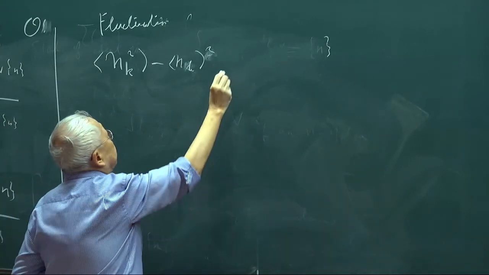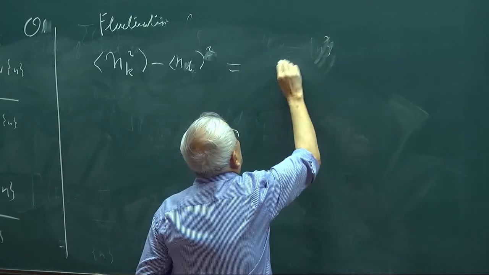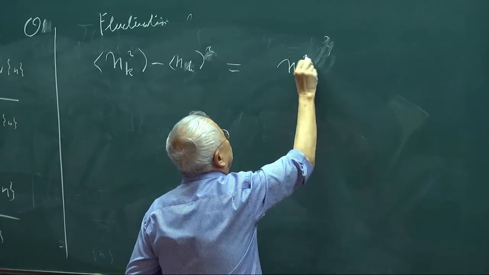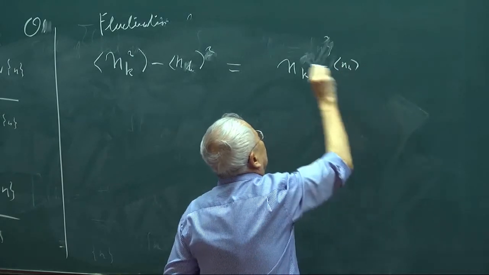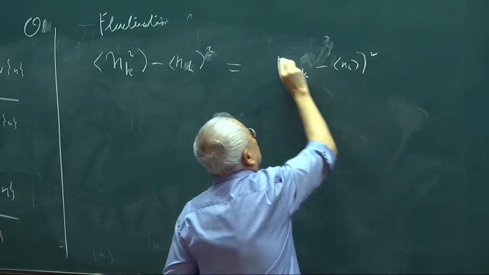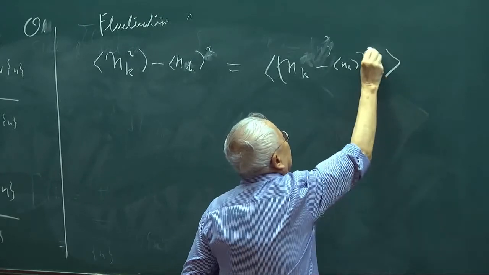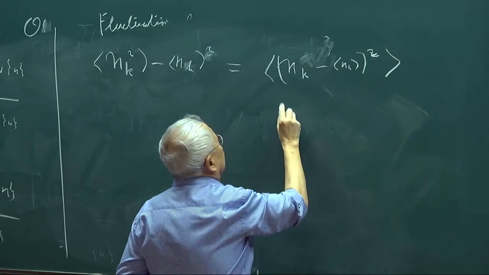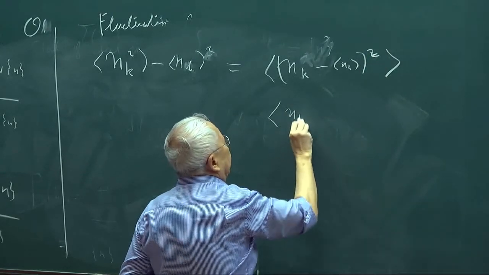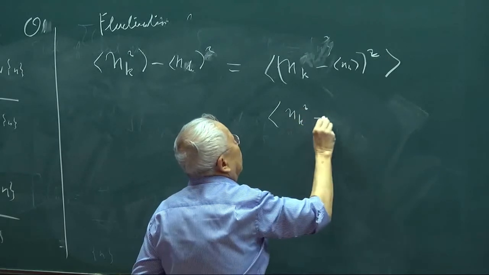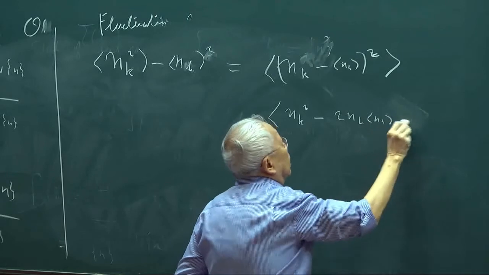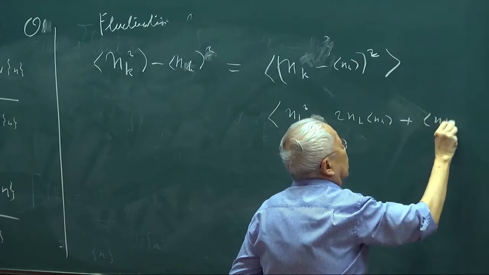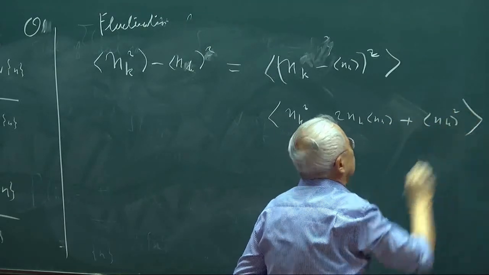You'll notice this is also equal to the average of nk minus nk average, squared. Because just look, if you expand it, you have average nk squared minus 2 nk average times nk, plus nk average squared.